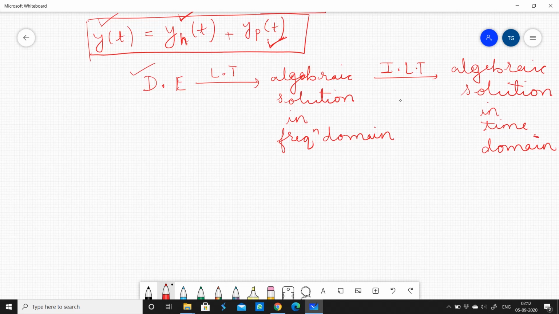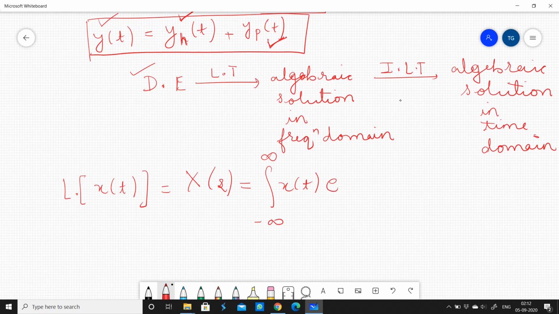Mathematically, the Laplace transform is defined as Laplace of x(t), which is equal to X(s), equal to the integral from minus infinity to infinity of x(t) e^(-st) dt.